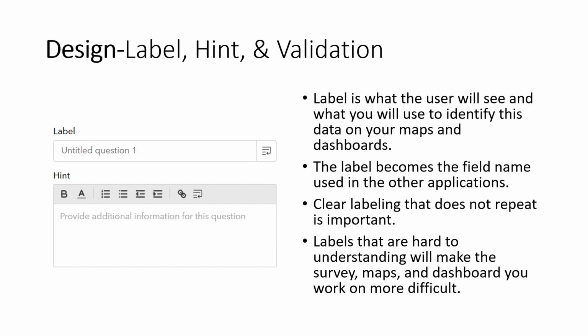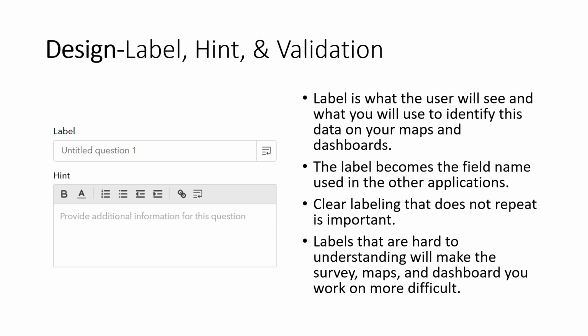The label becomes the field's name used in other applications, so leaving it as untitled question 1 is not a good idea, because when you try to use it later, it will be very confusing to remember what is being collected in untitled question 1. So clear labeling that does not repeat is very important. If you just put pH, it might get confusing.